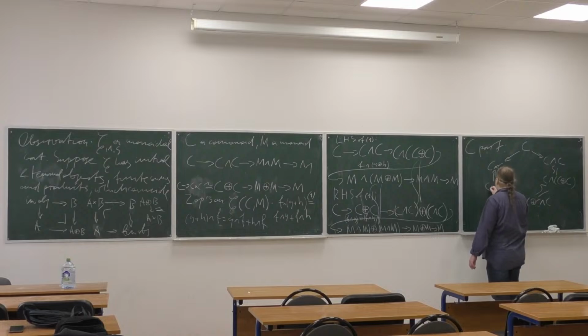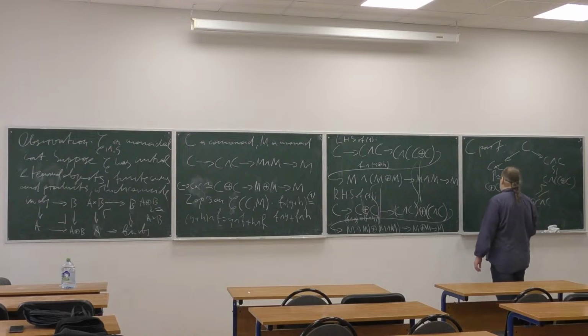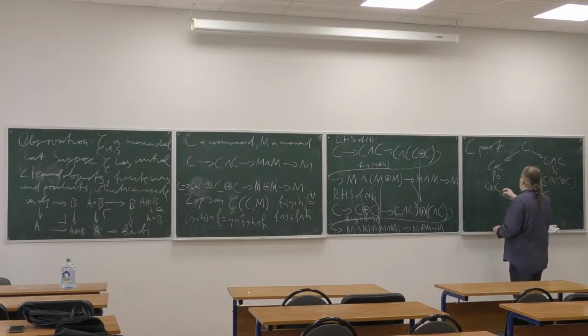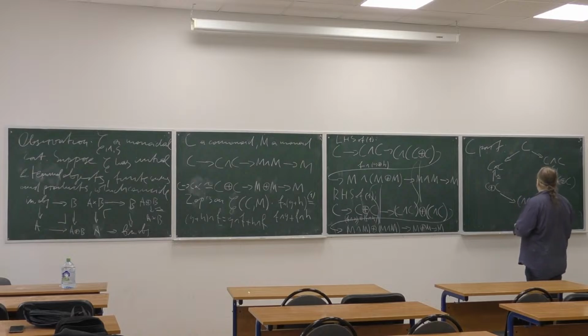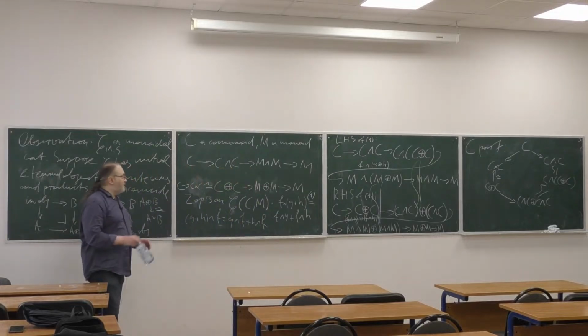C plus C, again an isomorphism, and then I take the co-diagonal, sorry, the co-product on each C. So the question is, does this diagram commute?